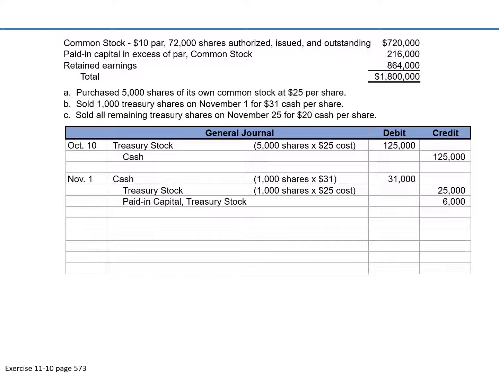Okay. So then in letter C, when we sell all the remaining treasury shares, this time we sold them for less than what they cost us. So we're going to record cash equal to the $20 times 4,000 shares. We're going to reduce our treasury stock for the cost of the remaining shares.